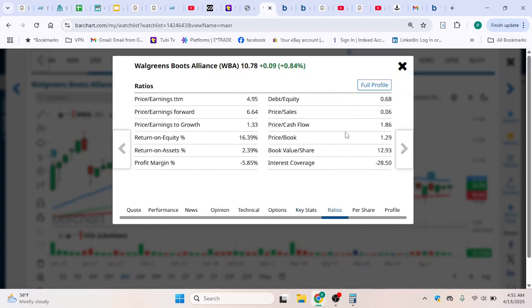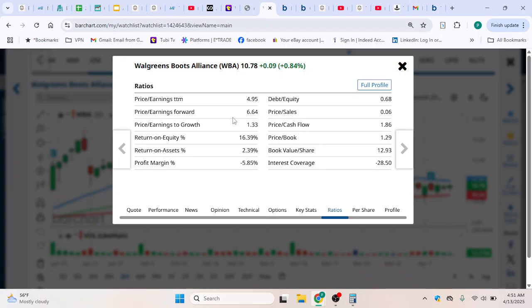Ratios: yes, it's got a low price to sales ratio, fairly low debt to equity, fairly low price divided by cash flow, very low PE. So this is where PEs can fool you. If you just bought on PE ratio and said, well, Walgreens is cheaper versus CVS because it has a low PE, right? 4.95 is very low trailing 12 months, and PE forward at 6.6 is also very low.